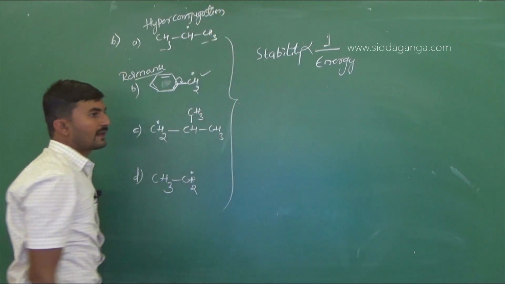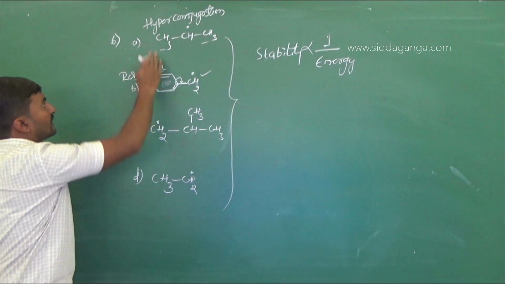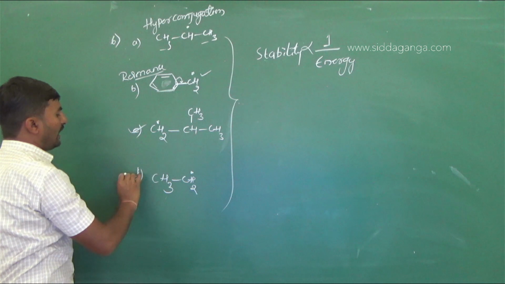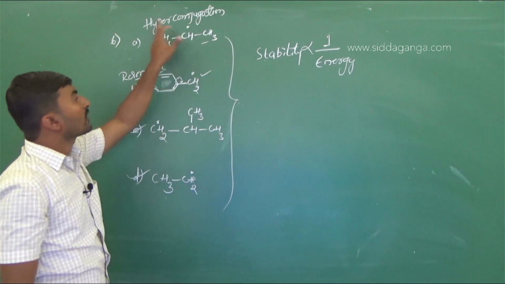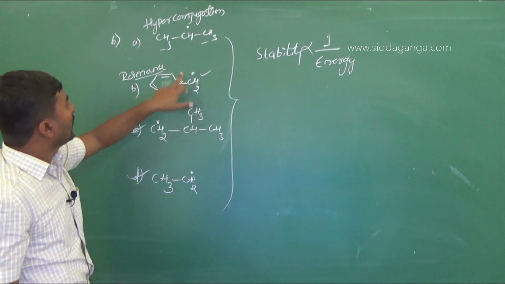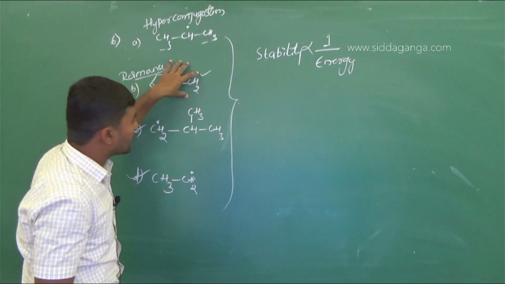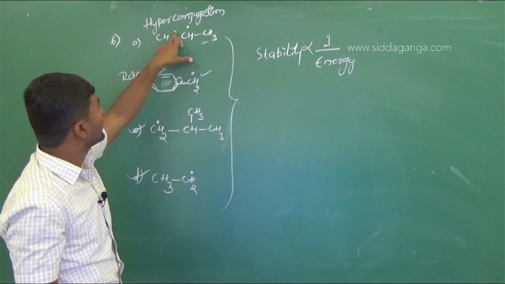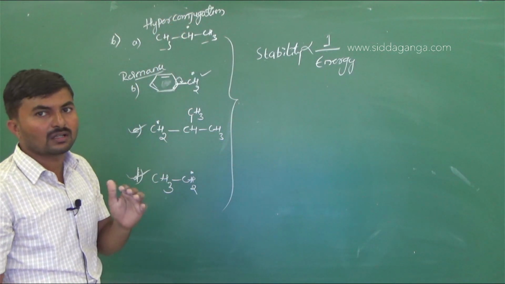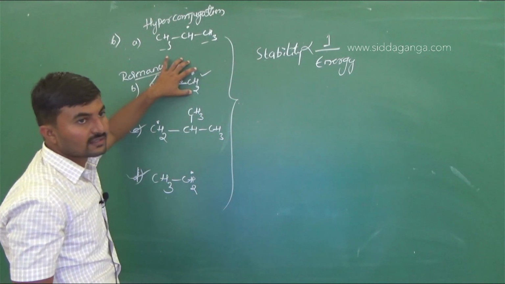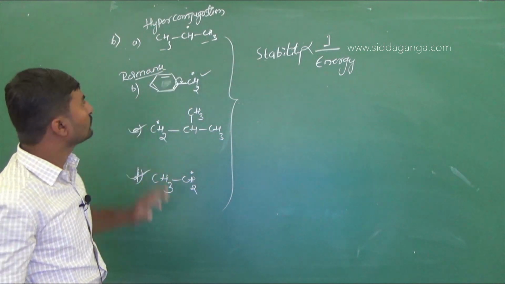No bond resonance. The rest of the three structures, A, C and D, could all exhibit hyperconjugation. If we compare the stability of this resonating structure with these hyperconjugation structures, they are quite a bit less stable compared to the phenyl free radical.